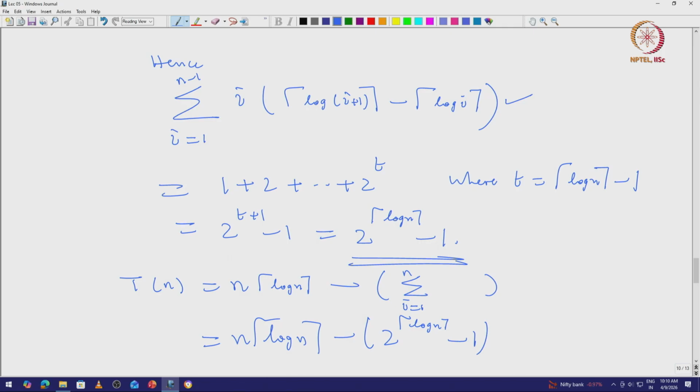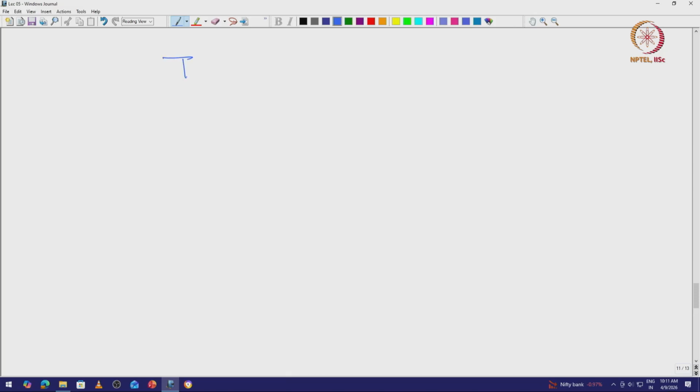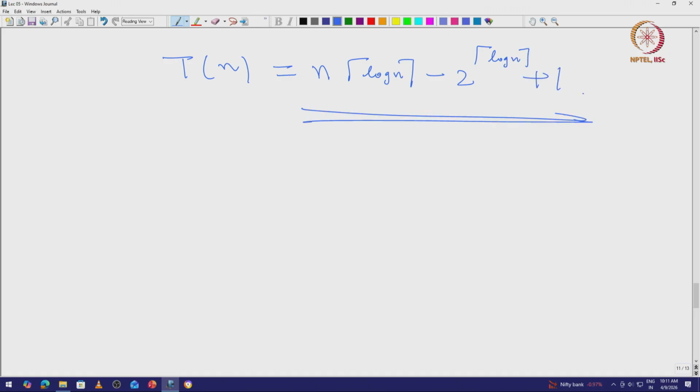Therefore, T of n is n times ceil log n minus 2 power ceil log n plus 1. This is a complete closed form formula. Okay? See how compact and clean it is.